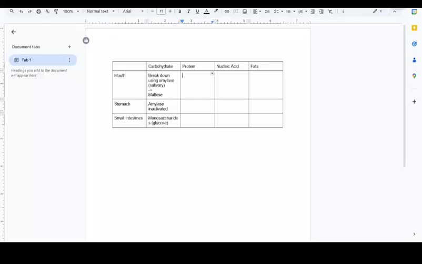Pretty simple. And then for protein, we cannot do any chemical breakdown in our mouth, so none.